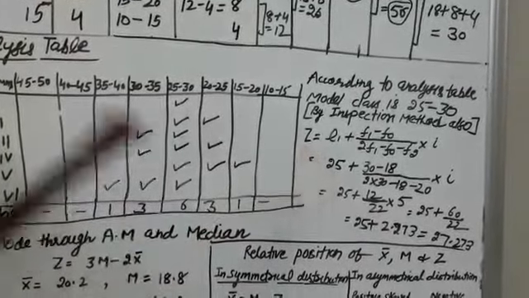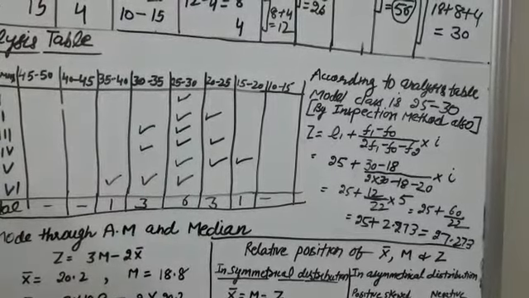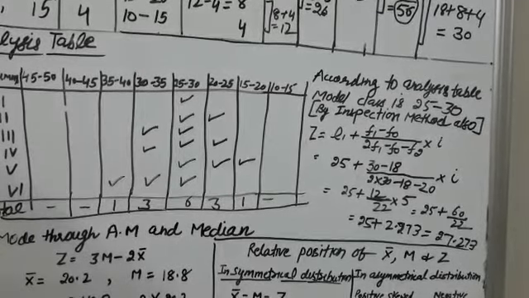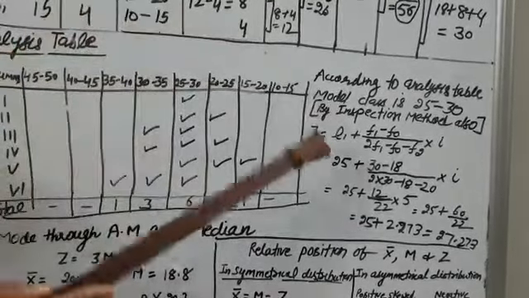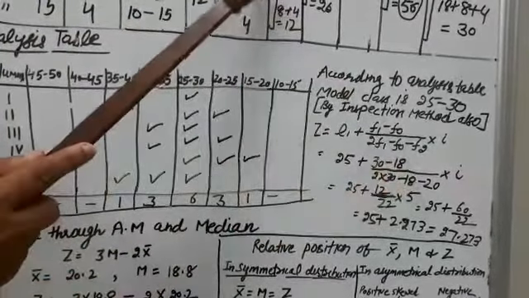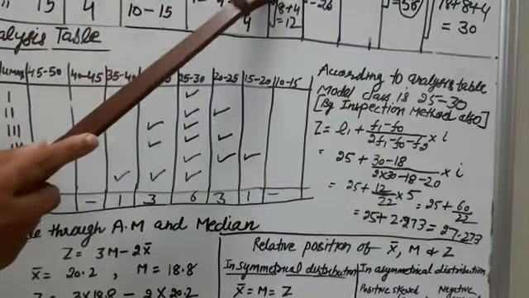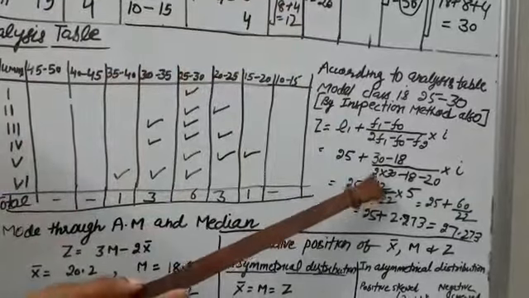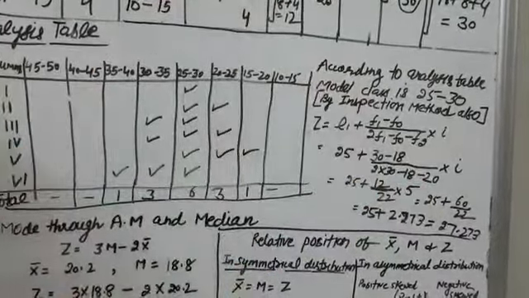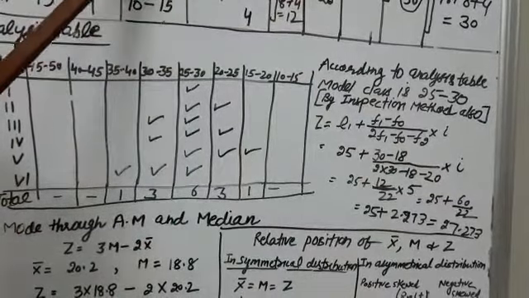Here is the formula. Mode is equal to L1 plus (F1 minus F0) upon (2F1 minus F0 minus F2) into i. So here 25 is the lower limit, F1 is 30, F0 is 18 here, because the series is in descending order. So F0 is 18. Next, 2 into 30 minus 18 minus 20, which is F2, and the difference between lower limit and upper limit is 5.